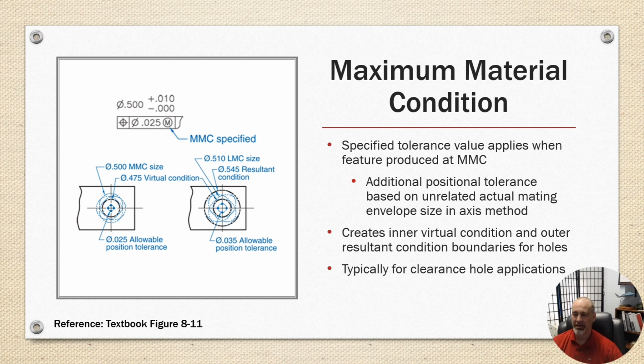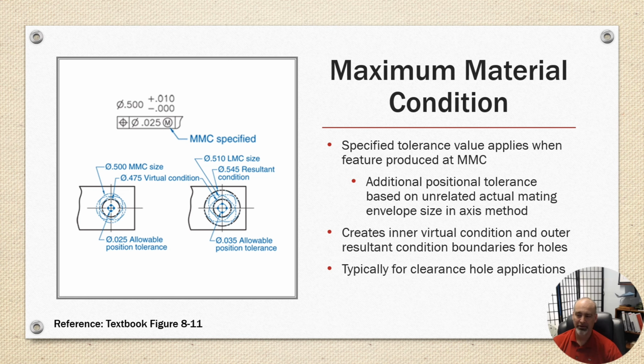So the unintended consequence of using this type of system is your machinist is going to cut all your holes at like 5 inches and 9/10 so that they get more tolerance, and then they try to hold that very tight. So you get the unintended consequence of the hole being held at a tighter tolerance than you need so that they can gain the bonus on the position tolerance.